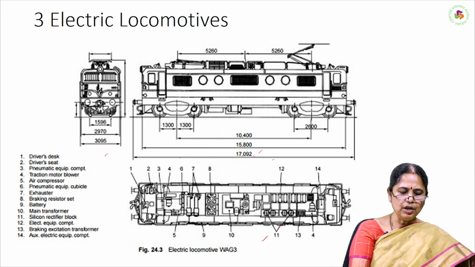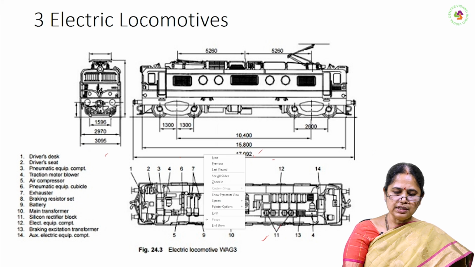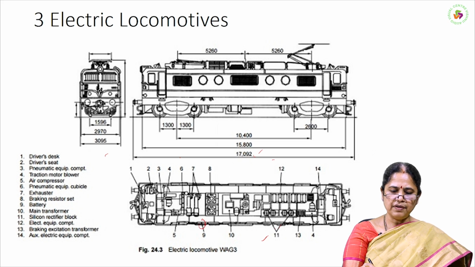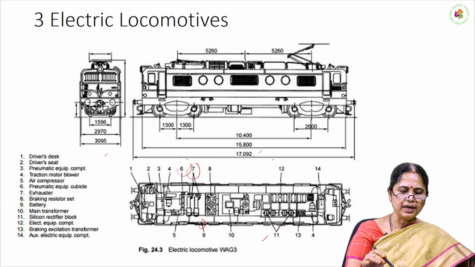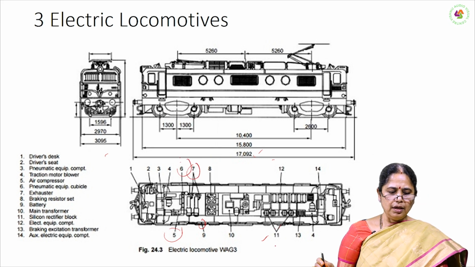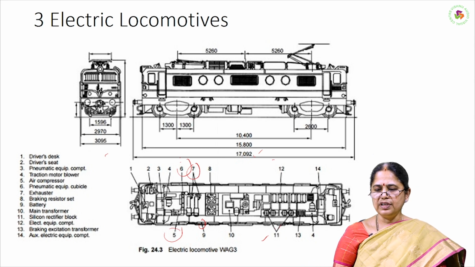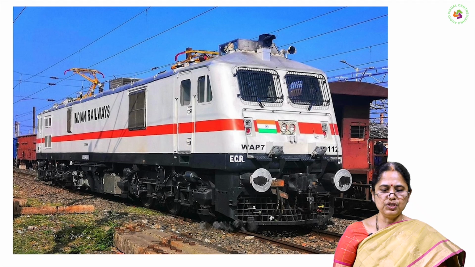Here you can see this battery, 7 is the exhauster, and 6 is the pneumatic braking system. 5 is the air compressor. These are the main equipment of this locomotive. This is the original picture of an electric locomotive.